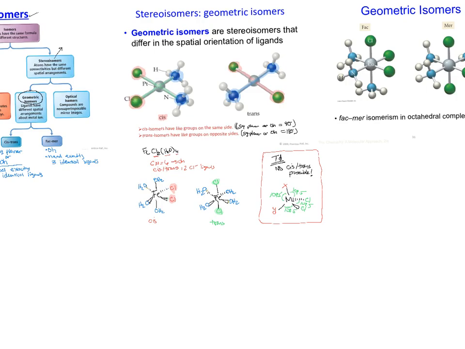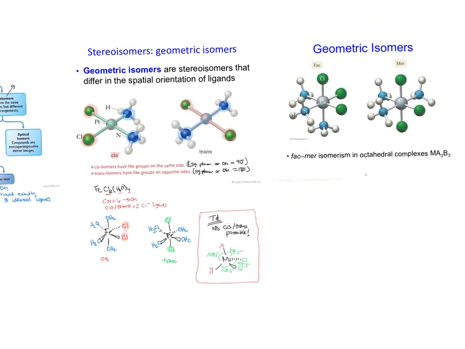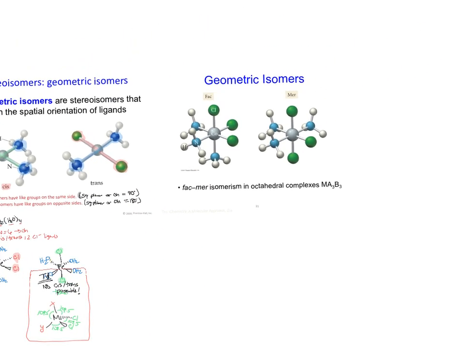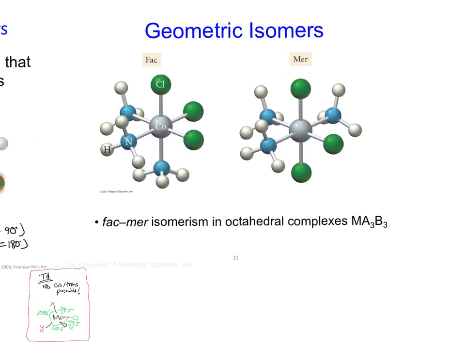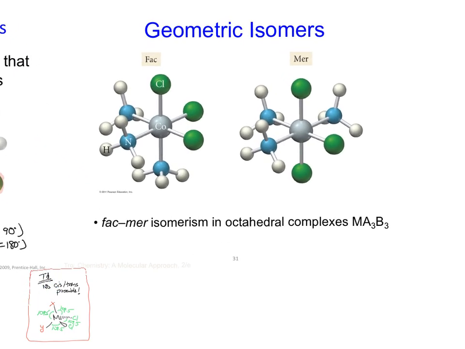The next geometric isomer we're going to look at is fac and mer. So fac and mer stand for facial and meridional, and this isomerism is only in octahedral complexes where we have, of course, our metal center, and then we need 3 identical ligands.